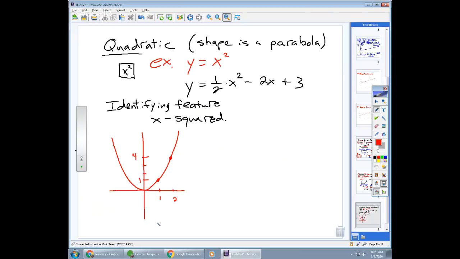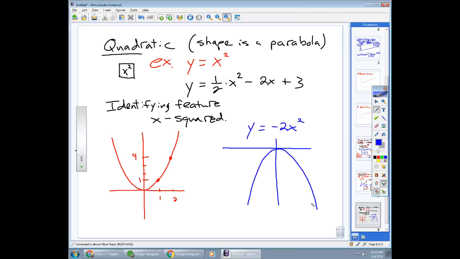And when it's negative numbers, it just flips over and turns into an n, if you put a negative out front. So if we graph something like y equals negative 2x squared, for example, that graph would be upside down. But it's got that U-type shape. And that shape is called a parabola.